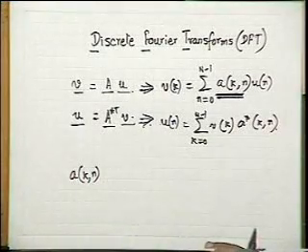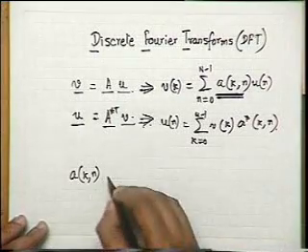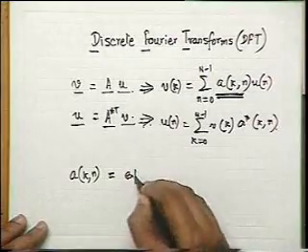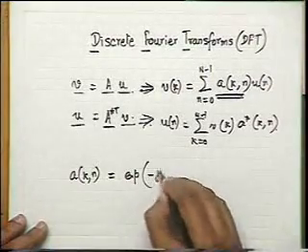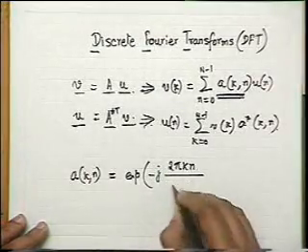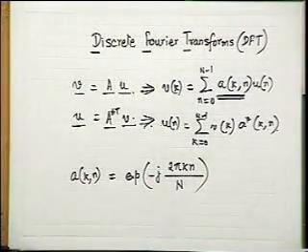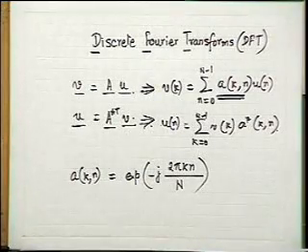Akn is nothing but the element of the transformation matrix, and Akn we have chosen to be exponential to the power minus j 2 pi kn divided by capital N. So what I have chosen, the element of this transformation matrix in this case, is a complex exponential expression.